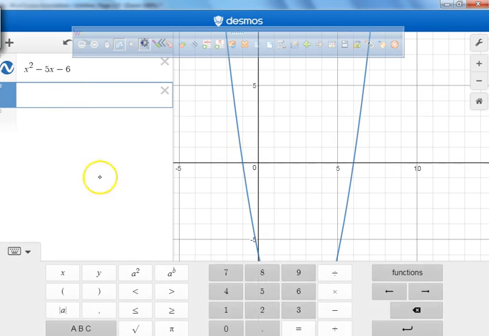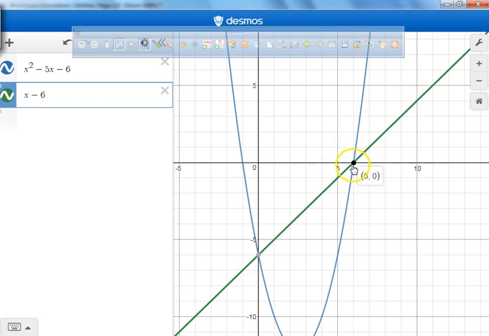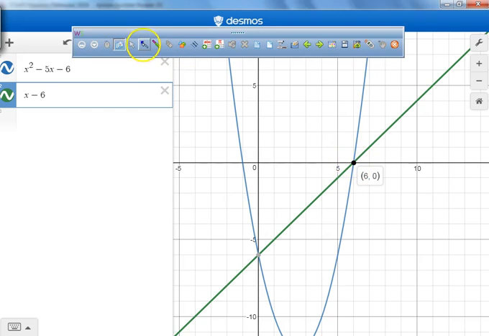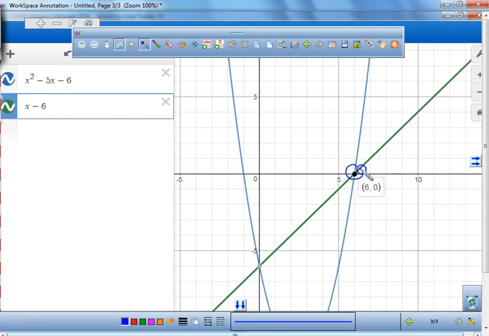Now, check it out. Watch what happens when I type x minus 6. Where does it pass through? It passes through 6. See, it passes through one of the zeros. So, your answer choice will pass through here, or it'll pass through there, right along the x-axis. That's what you need to remember.